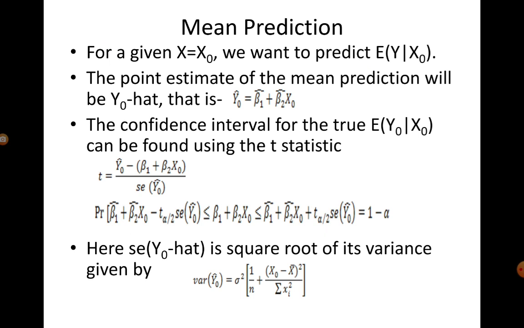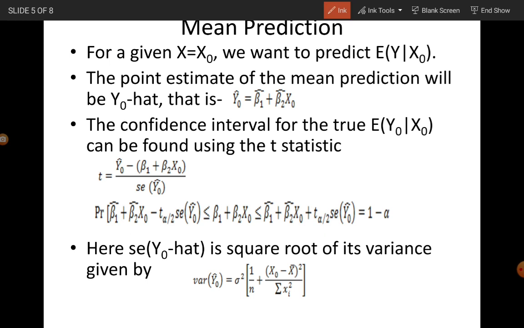Now the point estimate for this will be: take your sample regression function where you have your beta 1 hat and your beta 2 hat, put the value of x equals x naught on the right hand side, and the value that you get will be your y naught hat. This would be a point estimate of the true point on the population regression function.